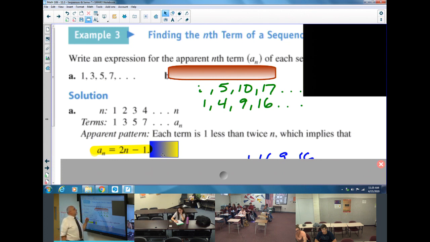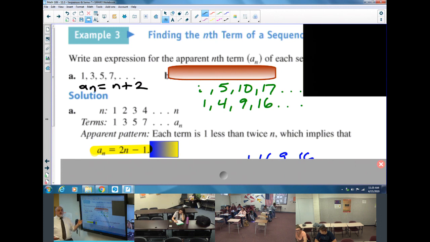And when n is 2, 2 plus 2 is 4, that's not right either. So it doesn't work. But that's okay. You have to do a little trial and error.